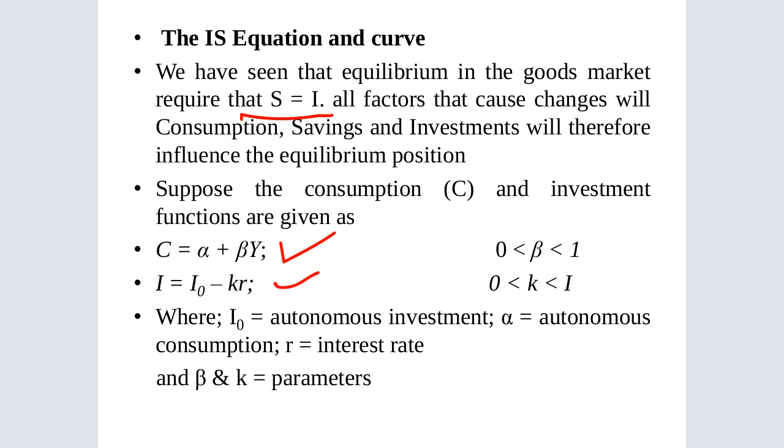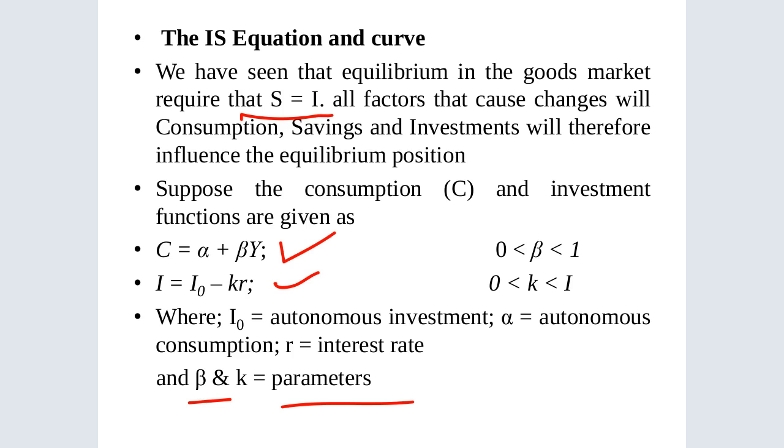Beta is the marginal propensity to consume, and k is the marginal propensity to invest. Y is the income, R is the interest rate. K and beta are the parameters.